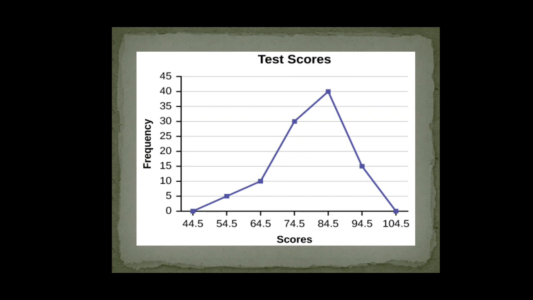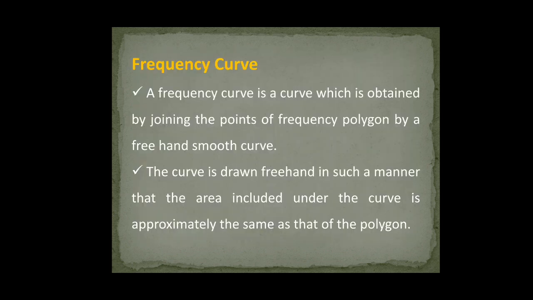Dear students, if the pointers of a frequency polygon are joined not by straight lines but through a freehand smooth curve, it will be known as frequency curve. Thus, a frequency curve is a curve which is obtained by joining the pointers of frequency polygon by a freehand smooth curve.